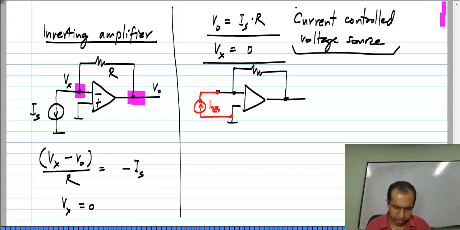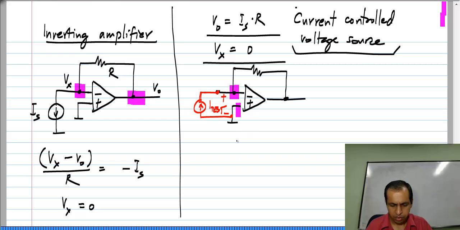So, I can apply I test and see what the voltage is between these two nodes, and I already have the solution to that. This circuit is exactly the same as that one. Okay. The direction of I test is opposite that of I s, but that is irrelevant, because whatever the value of I s, this V x is 0. That is because of the virtual short between this point and that point, between the inputs of the op amp.